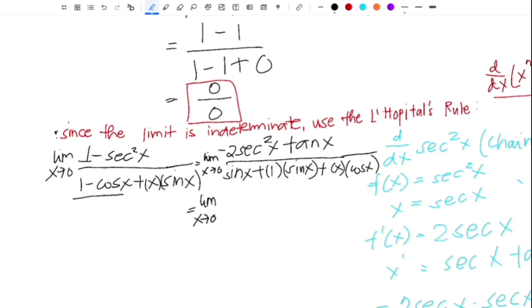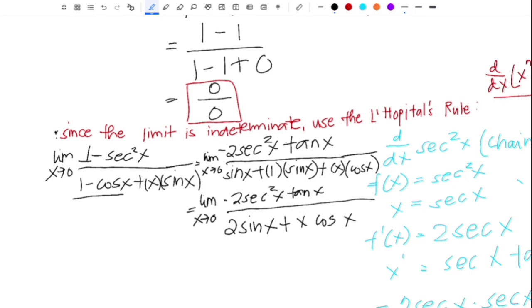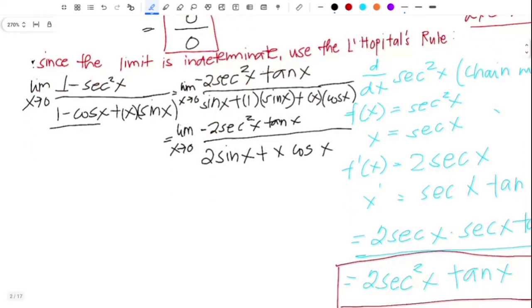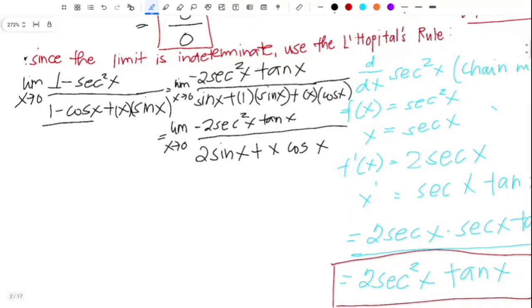Negative 2 secant x squared tangent x over sine x plus sine x, we will have 2 sine x plus x cosine x. There, this is our simplified form. And after this, let's apply our limit to get our answer.